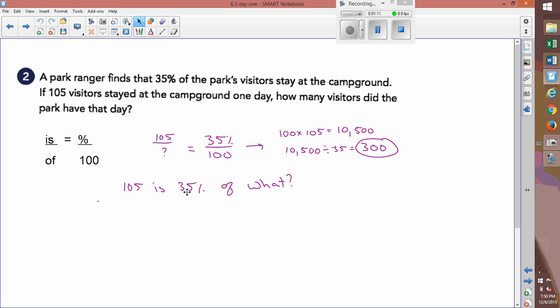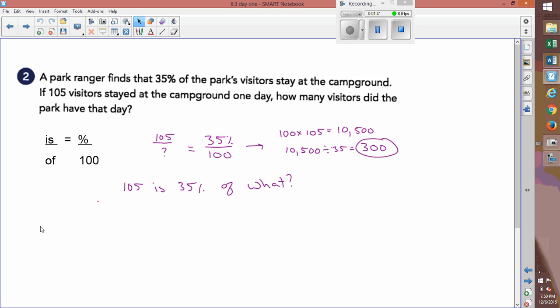And I like to rewrite these every time, only because then it gives me the is and the of, and it puts it in the right spot, so it makes it a lot easier. So we know that we have to put the 105 over the question mark, and the 35% is always going to be over 100. The percent out of 100 is always going to be the easy one to do because you're always going to put the percent over 100. We look back at the 105.